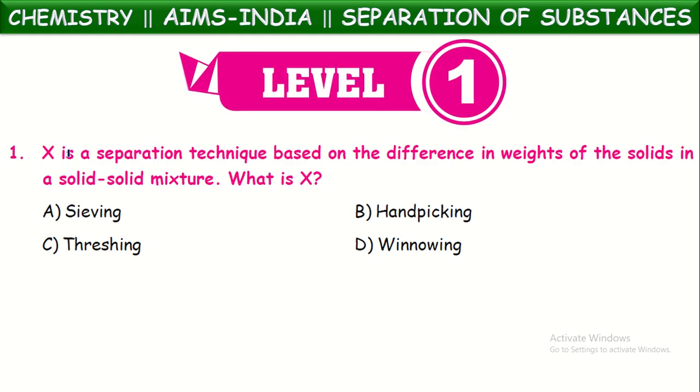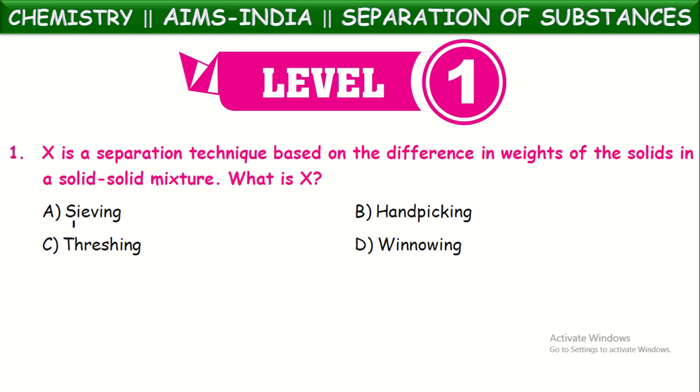See the first question here. X is a separation technique based on the difference in weights of the solids in a solid-solid mixture. What is X? Here some separation techniques are mentioned. The technique used to separate a solid-solid mixture, you have to identify it.